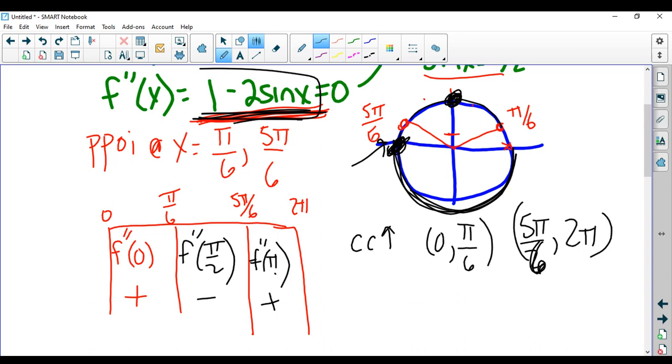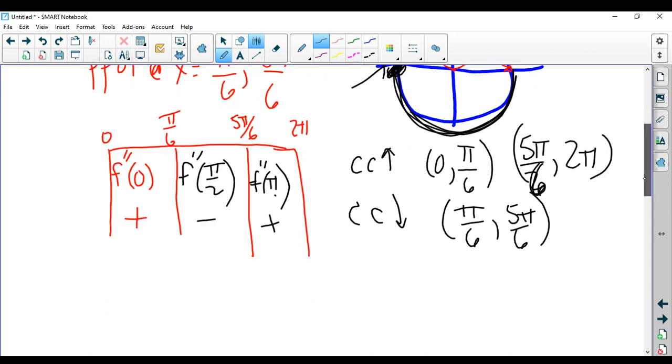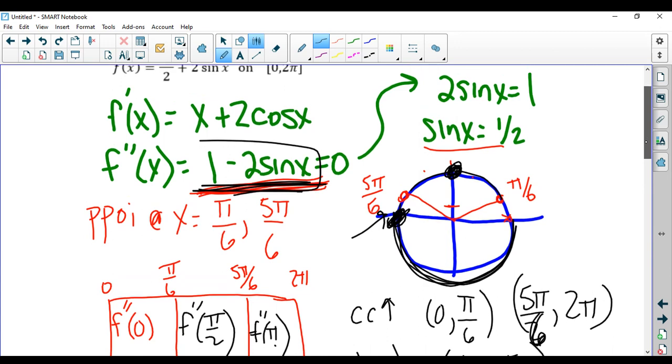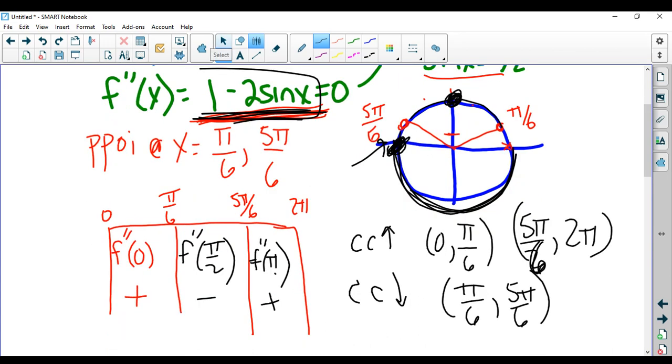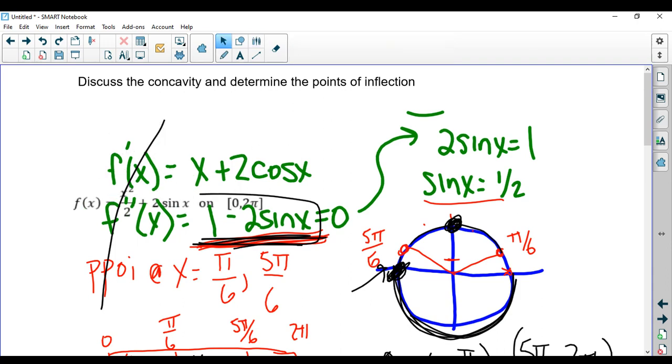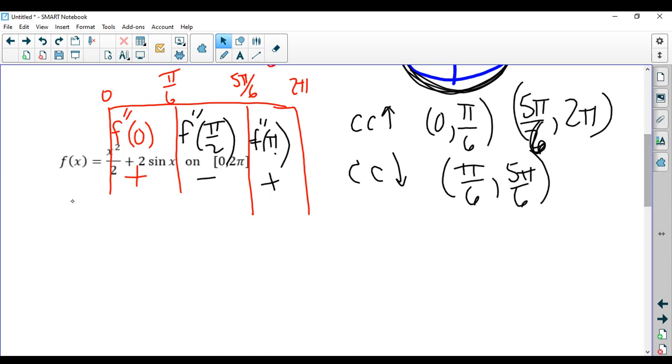And it's concave down on the interval pi over 6 to 5 pi over 6, which means both those possible points of inflection are points of inflection because the second derivative changed signs. So you have to plug them back into the original function. These are going to be strange answers, but sometimes that's what you get.